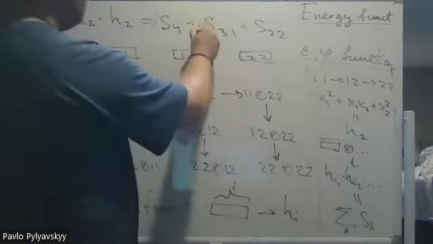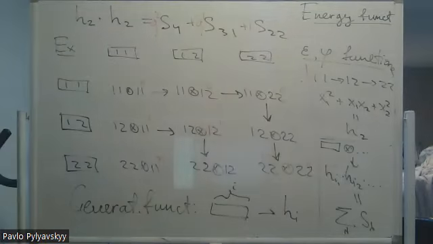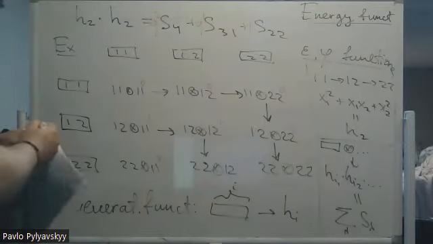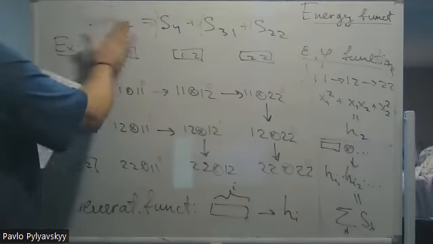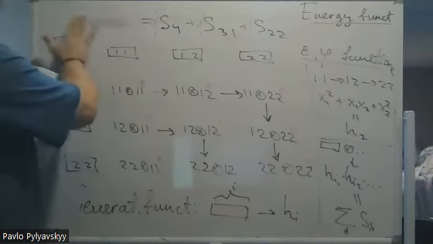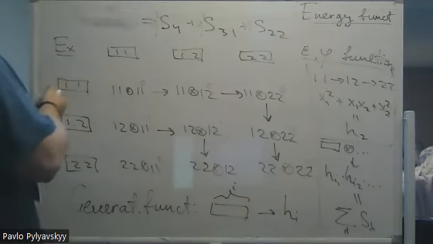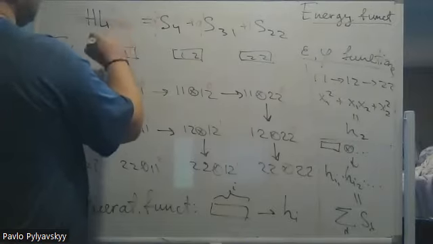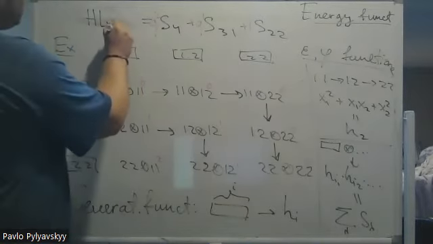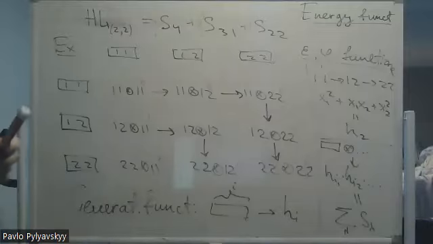So q to the 1, and here it is just q to the 0. And if you do this, then you get something important. You get the so-called Hall-Littlewood symmetric function. Well, here it was h2 times h2, so it's Hall-Littlewood 2.